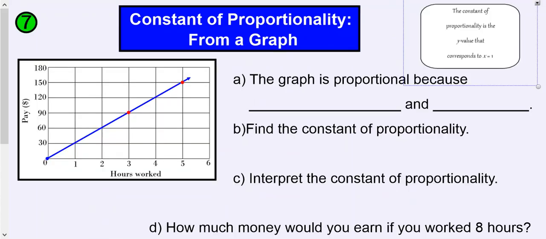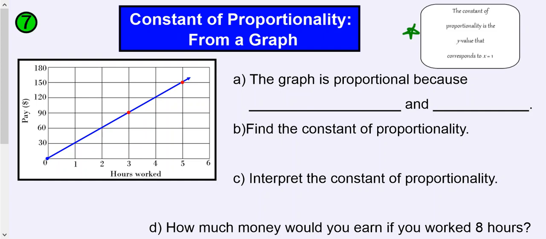Alright, now looking at the constant of proportionality from a graph. And remember that the constant of proportionality is the y value that corresponds to x when x is equal to 1.